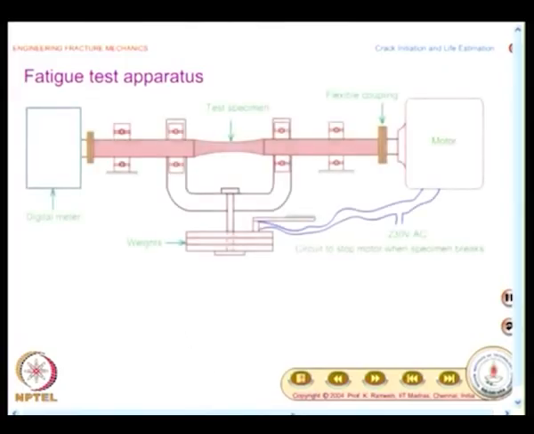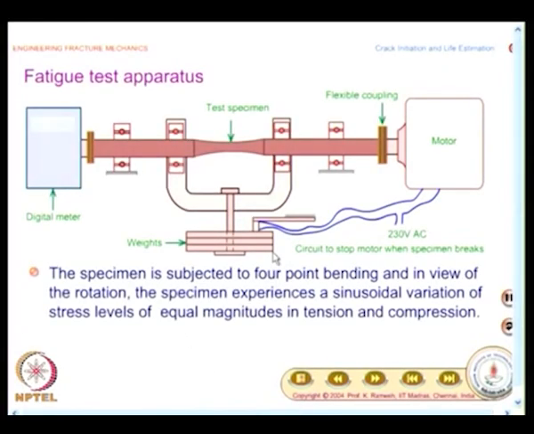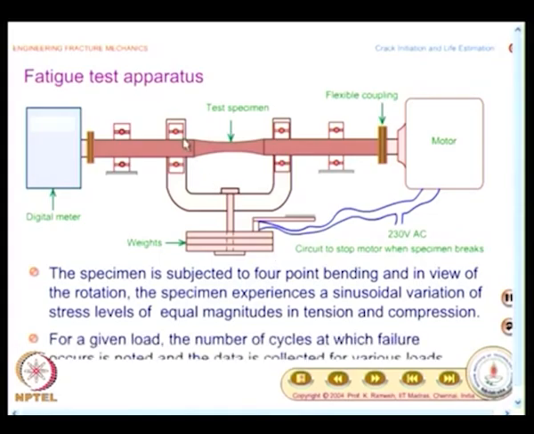For any other situation, you must bring in appropriate correction factors to those results. Those results are well documented in fatigue literature. And the point I would like to emphasize here is, what do you do in a fatigue test? You have a 4-point bend specimen, you apply the loads and you note down when the specimen breaks, what is the number of cycles.